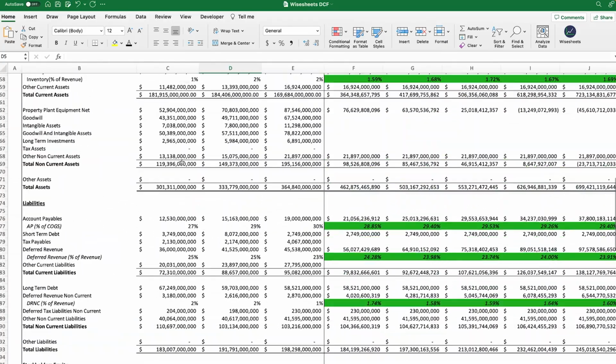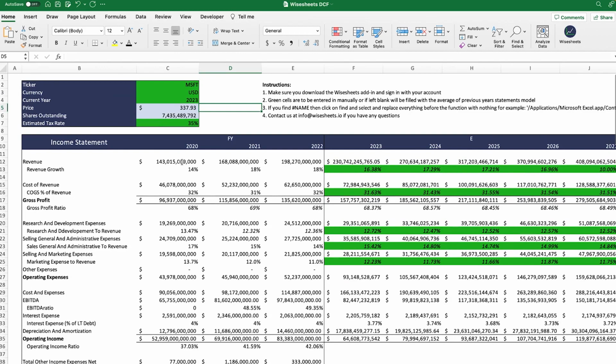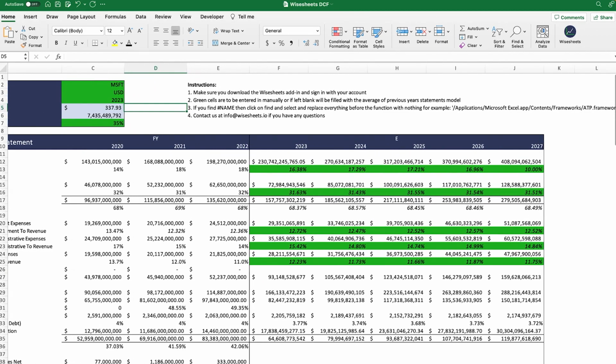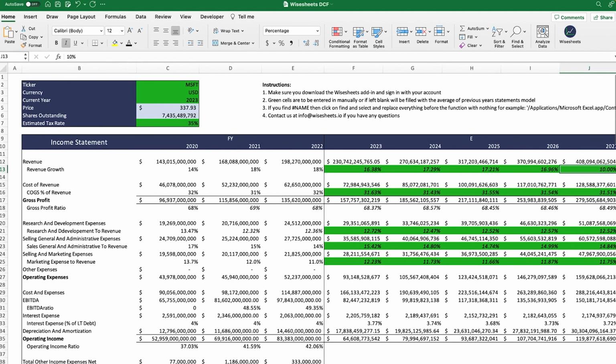And then this is where it really becomes very important to do your own research. So as an analyst or an investor, what you would do is make different assumptions in terms of the growth or decrease of particular items of the financial statements. In this case, we're really looking at revenue. So you would change the assumptions based on your own research.